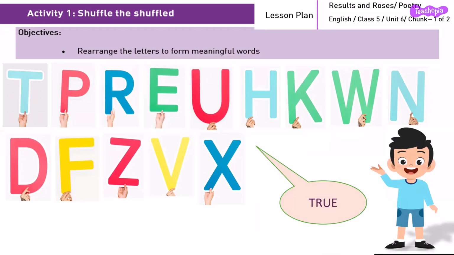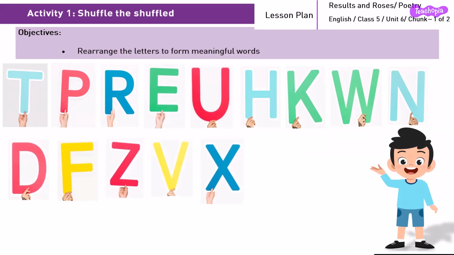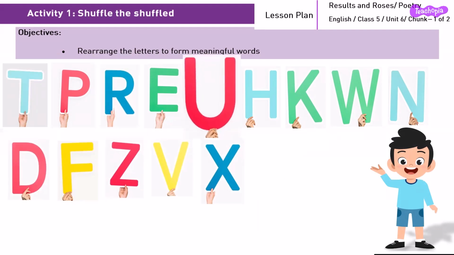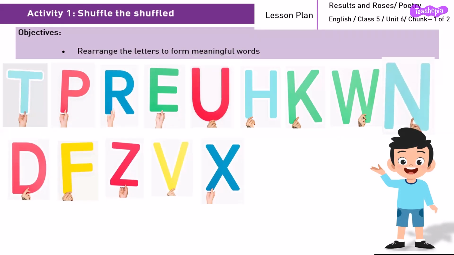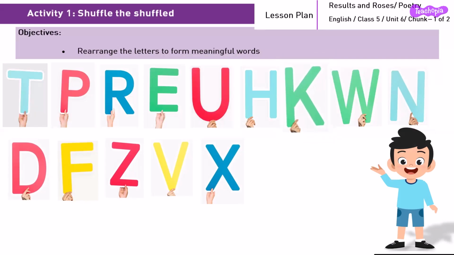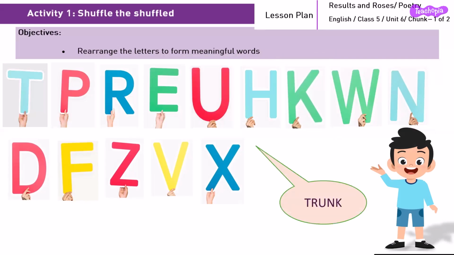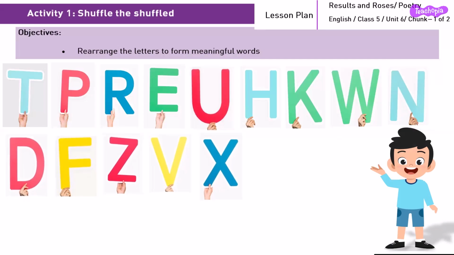Similarly, if we ask him to find a 5-letter word, he can take T, R, U, N, K, and say, I found the word trunk. In the same way, if I ask for another word, he can come up with R, E, N, T, and say, I found the word rent.